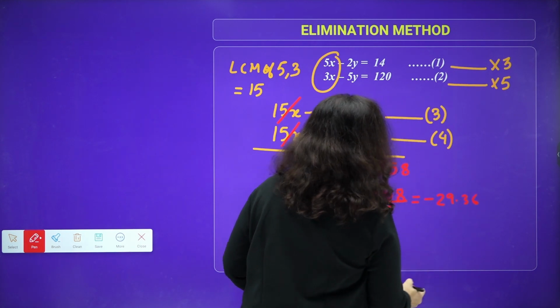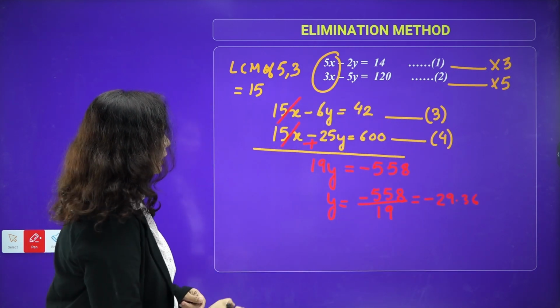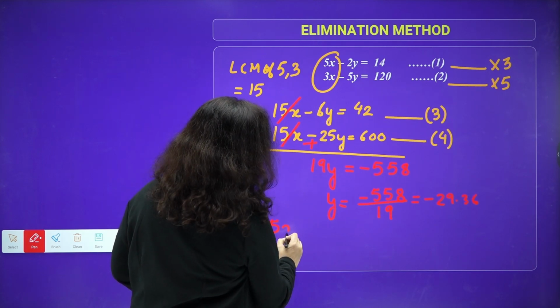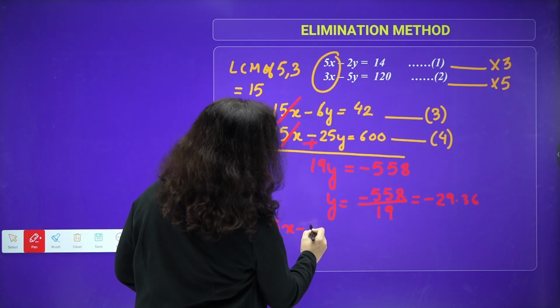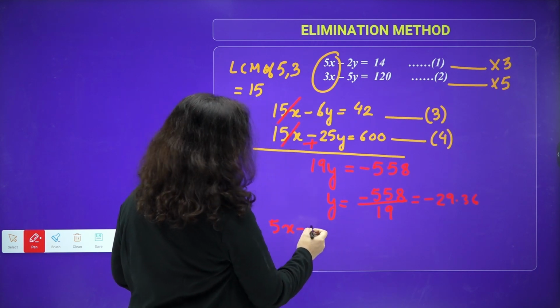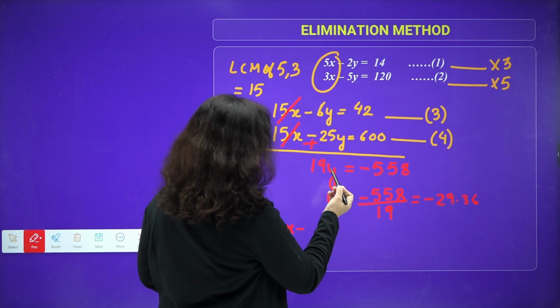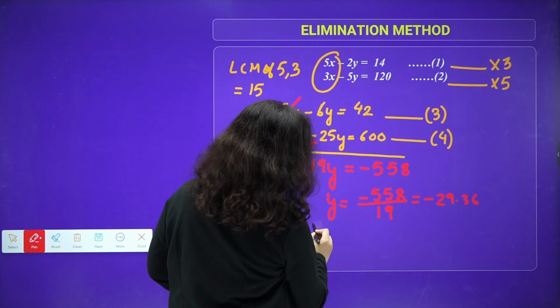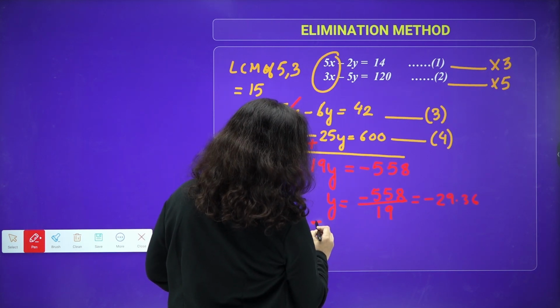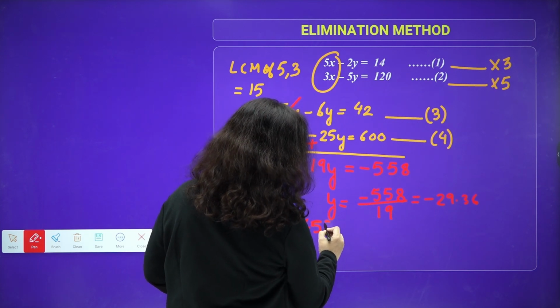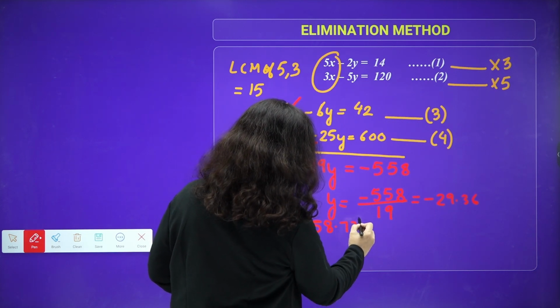So minus 558 upon 19 will give you minus 29.36. Now substituting this value of y in any one of the equations, suppose I substitute it in the first equation, I'll get the value of x. After substituting the value of y, the 2 into 29.36, that will be minus 58.72.